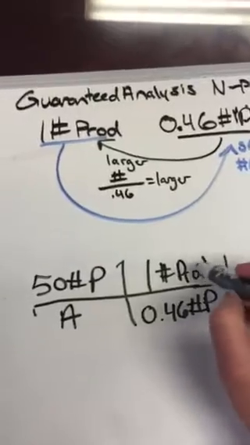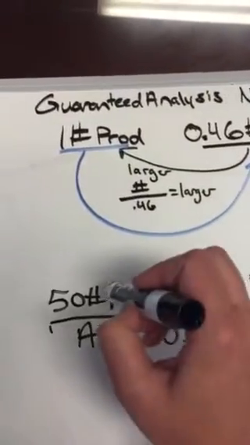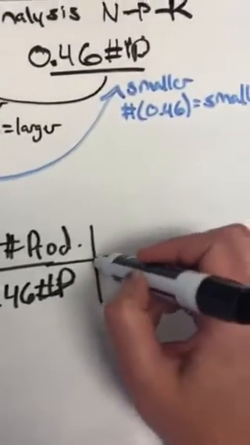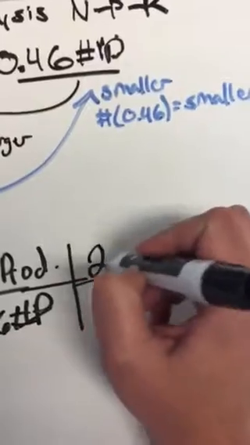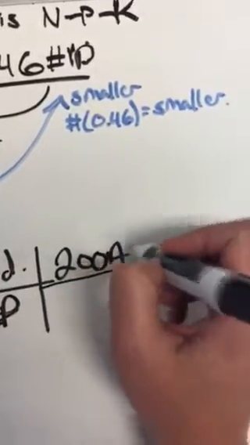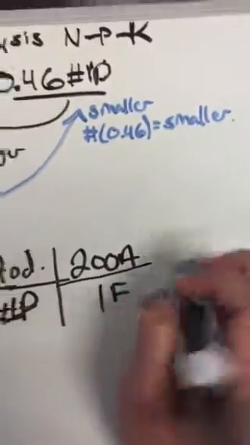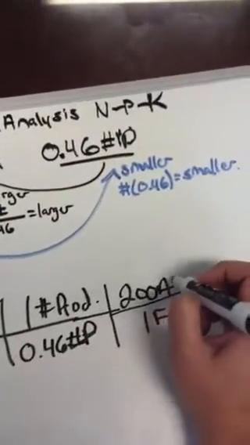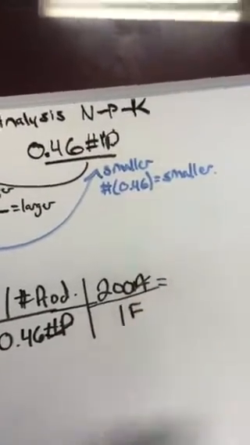Okay, so now we have pounds P canceled, but now we're only in pounds of product, or DAP, per acre. So we're going to multiply, because our question said that there were 200 acres for this one field, right? So now we're in pounds of product, or DAP, per field.